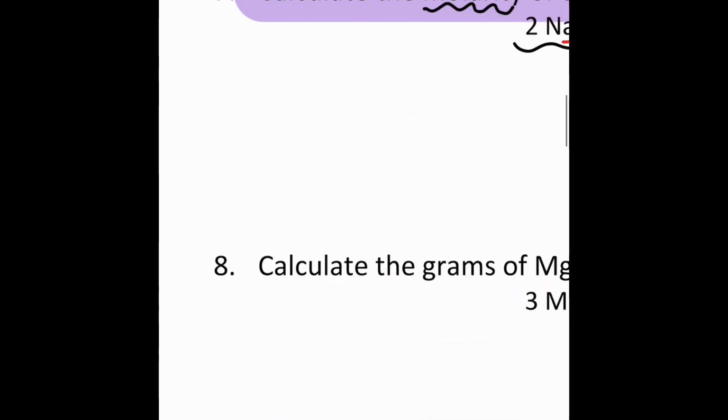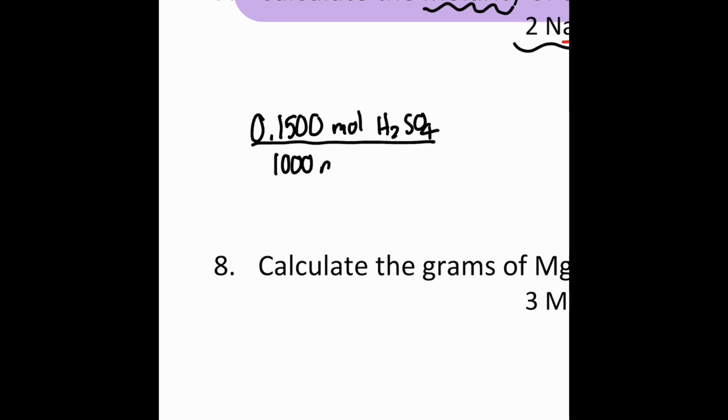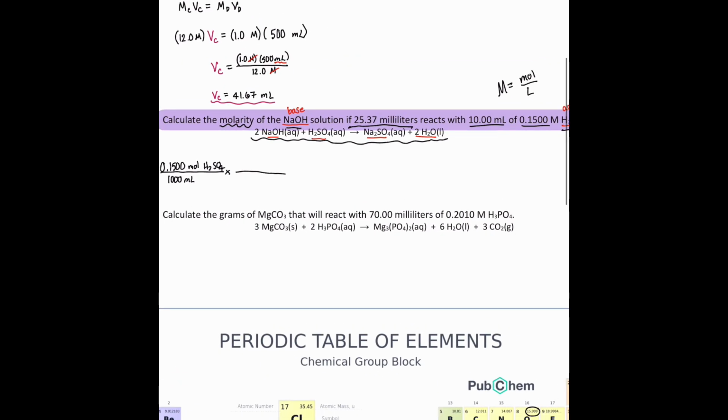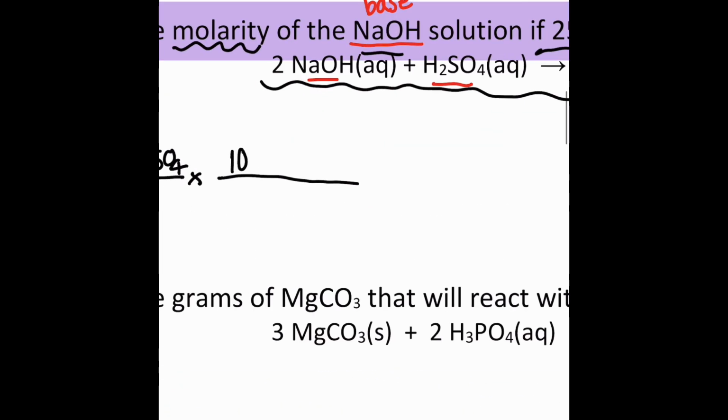So let's go ahead and do exactly what I just said. 0.150 moles of our sulfuric acid per 1,000 milliliters, times 10 milliliters of our H2SO4 over 1, just a placeholder 1.